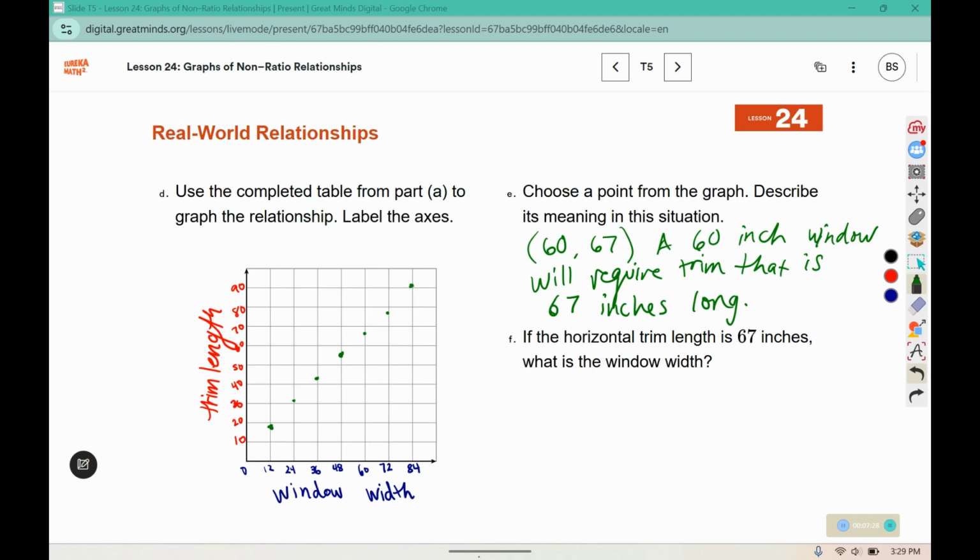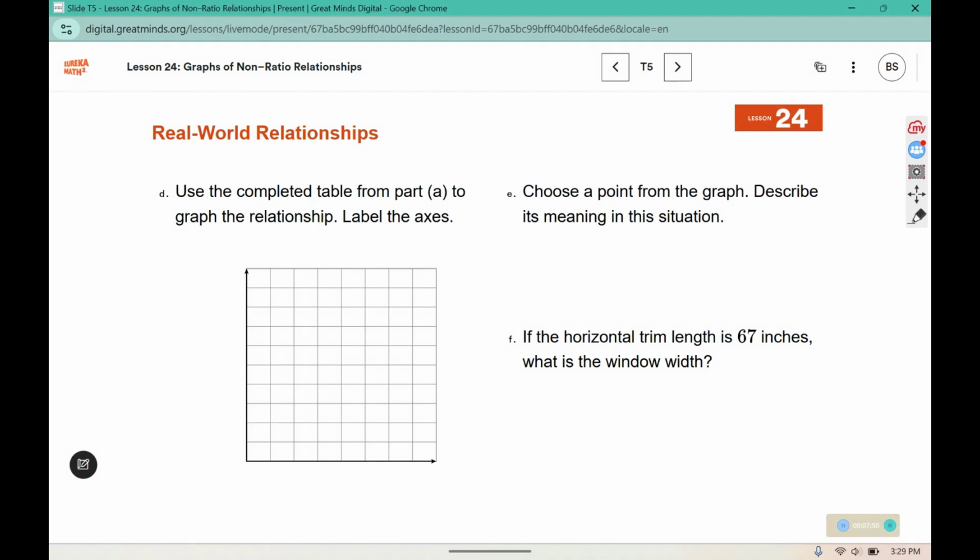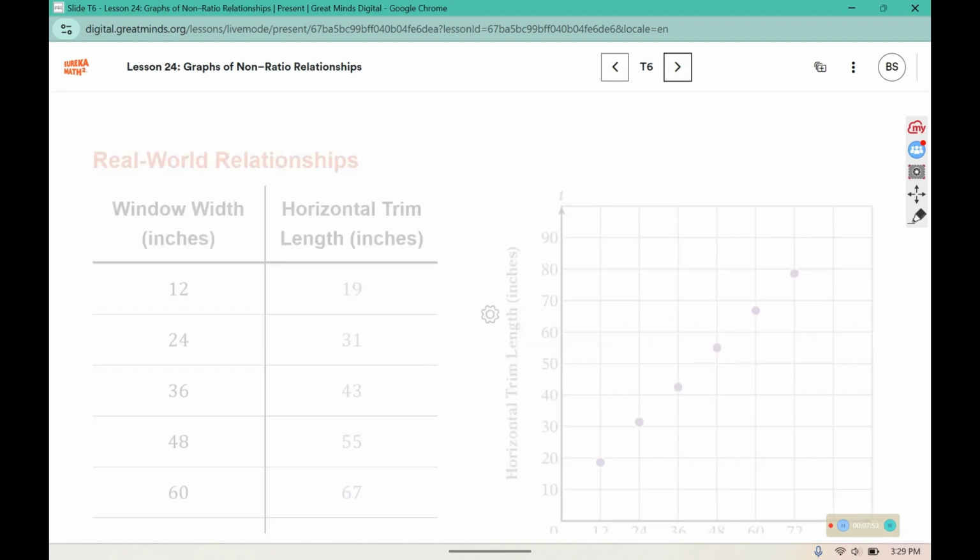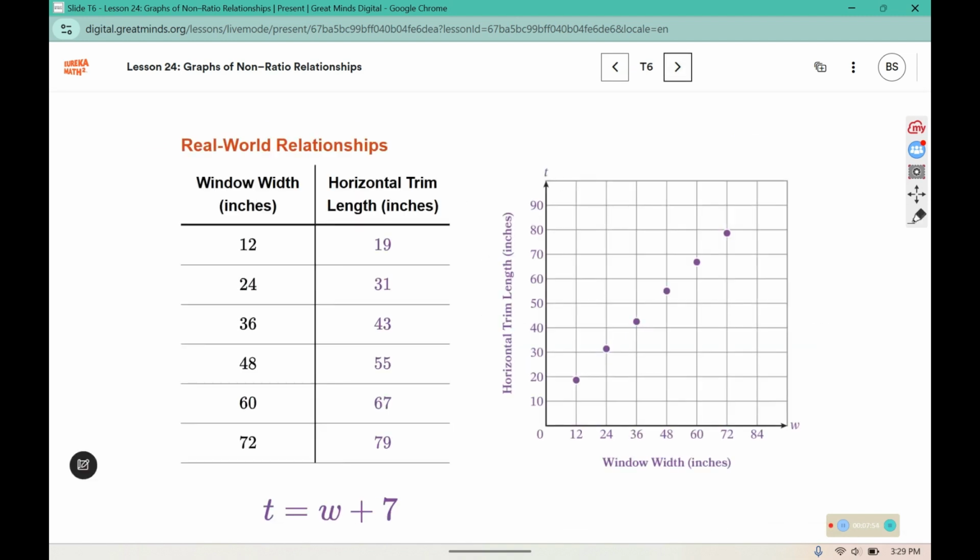If the horizontal trim length is 67 inches, what is the window width? So the trim length was 67. The window width was 60 inches. So here we have those to verify our work.